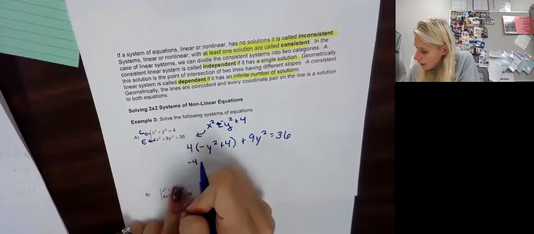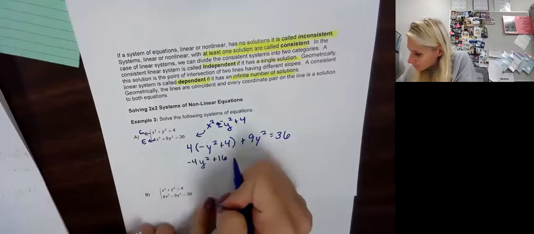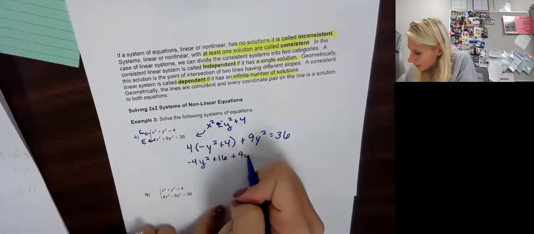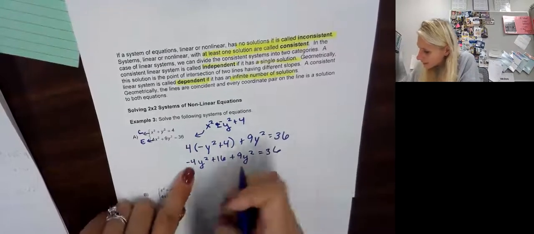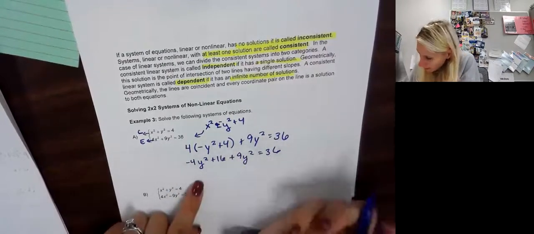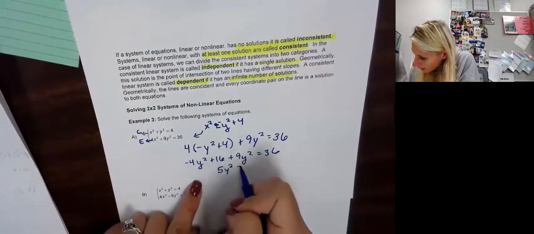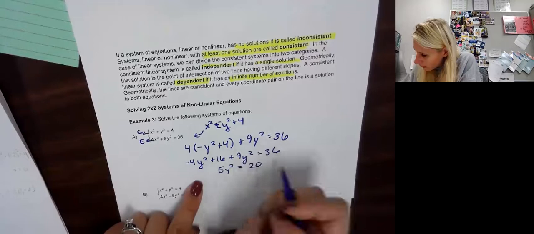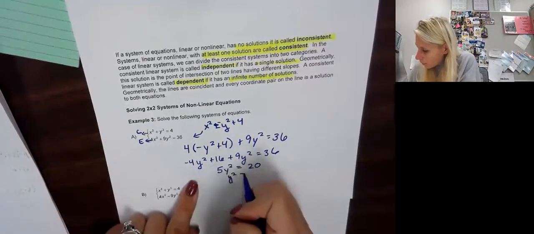Negative 4y squared plus 16 plus 9y squared equals 36. Let's see, that leaves me with 5y squared equals 20. Divide by 5, we get y squared equals 4.